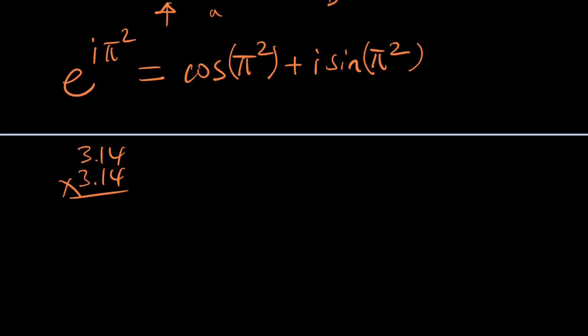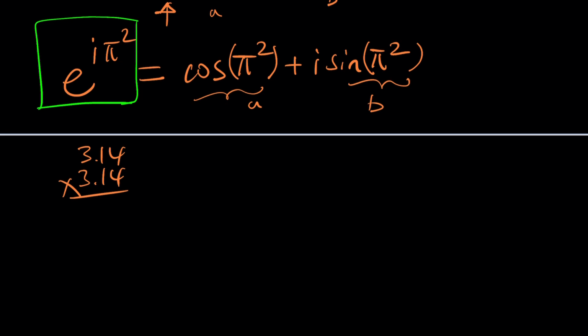Just plug it into a calculator. When you do, it should give you the value of cosine pi squared as well as sine of pi squared. Make sense? So if this is your a and that's your b, then you can just write it as a plus bi. But it's okay to leave it like this, because this is the most compact form for this complex number. All right, so that's pretty much how you do it.